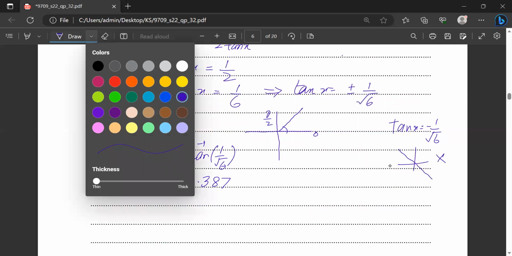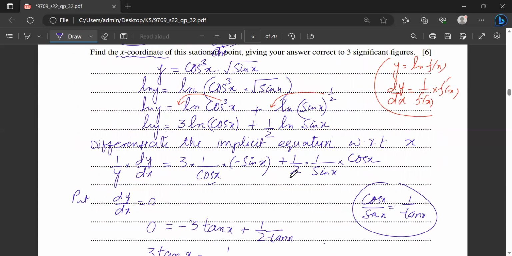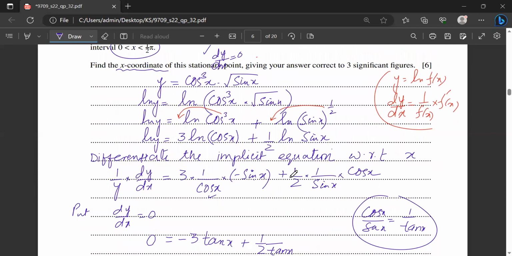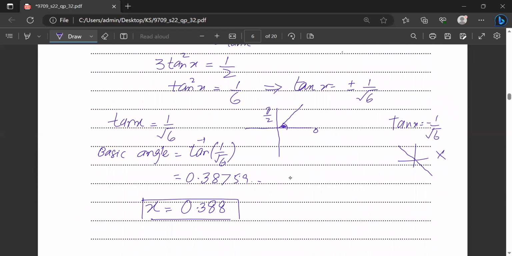So the answer for x is 0.388. This is the x coordinate of the stationary point, which was asked in the question. The basic angle was 0.38759, and so the answer is 0.388.